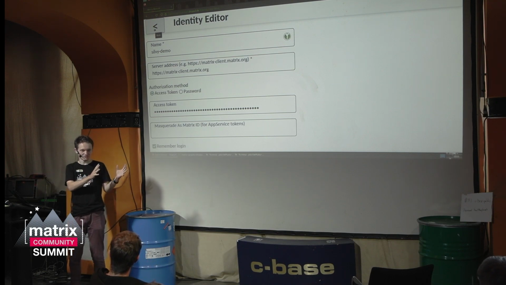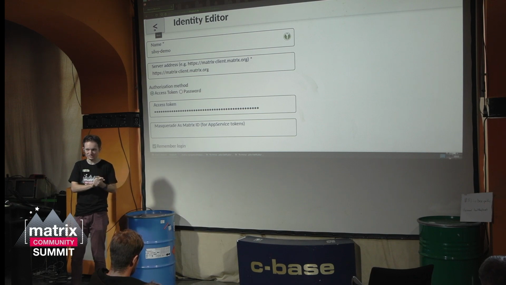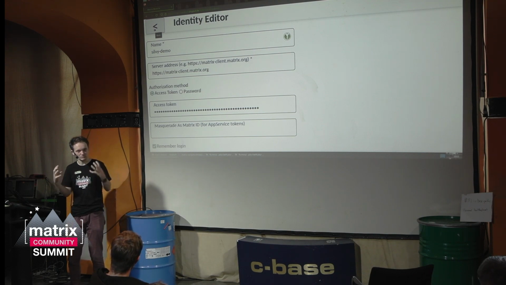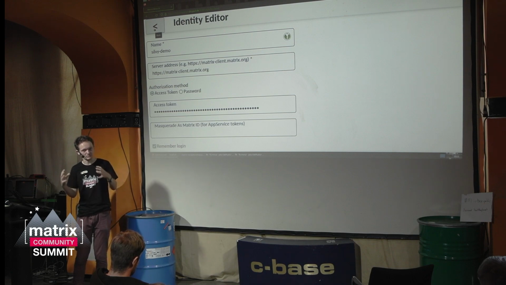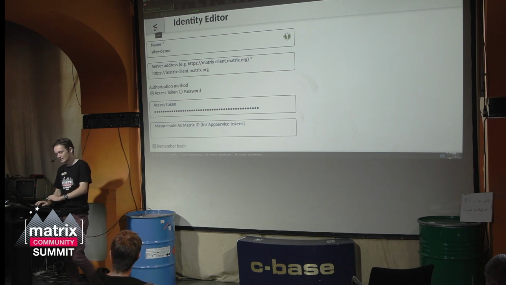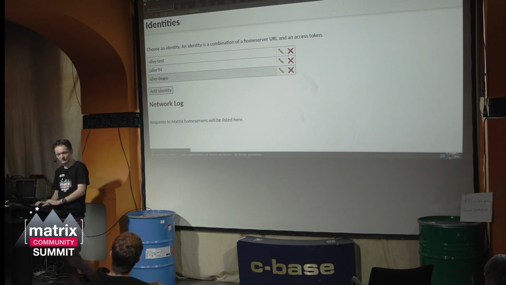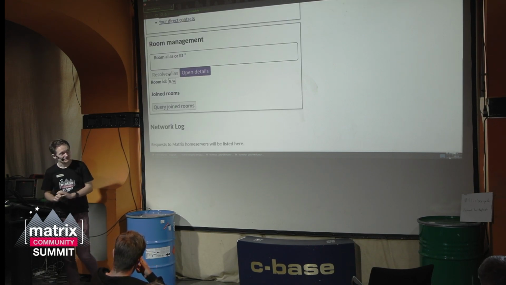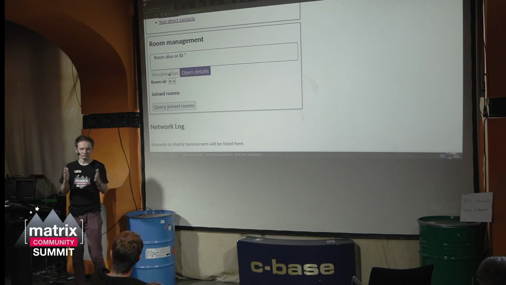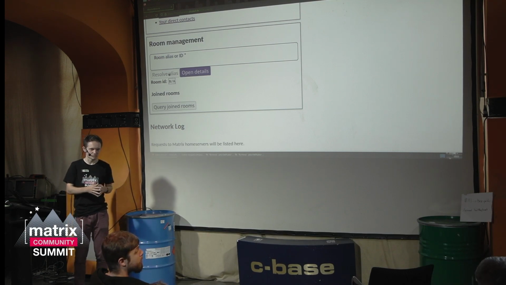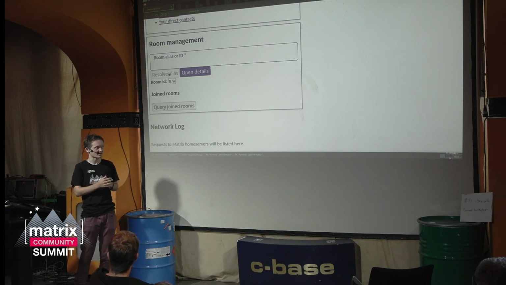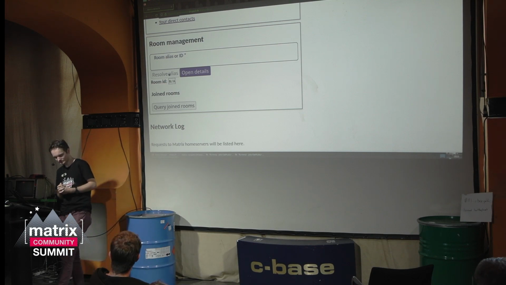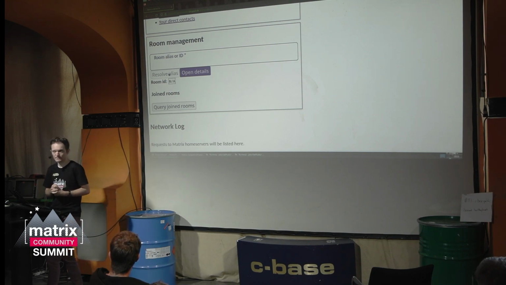So usually, I expect you to be familiar with parts of the matrix spec and how room state works, or at least how the room state should look like. The server has some kind of guards to guide you. So if you try to, for example, change a state event of the name of a room or the avatar of a room, if you try to enter any kind of invalid properties that don't exist in this spec, it will reject that server side.